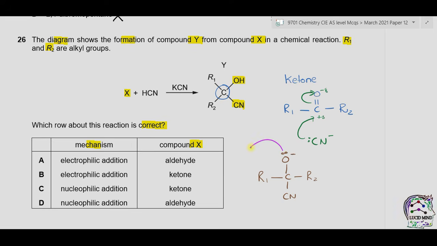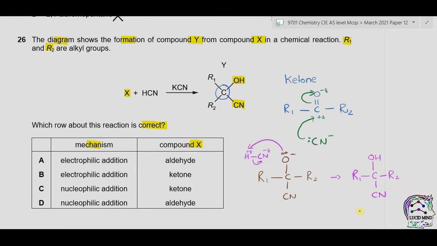Now this oxygen will attack this hydrogen present in HCN. This bond is broken, and the product formed is R1, carbon, R2, oxygen converts into OH, and then we have CN.